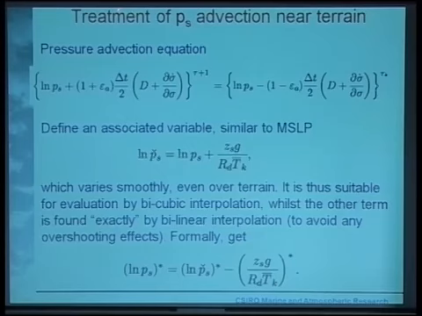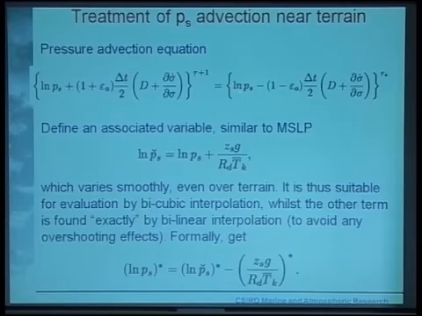A more interesting one is surface pressure in mountains. In semi-Lagrangian models, you have an upstream value of the surface pressure and some divergence terms. Surface pressure is strongly affected by topography.